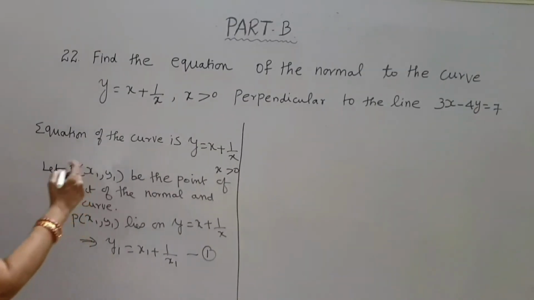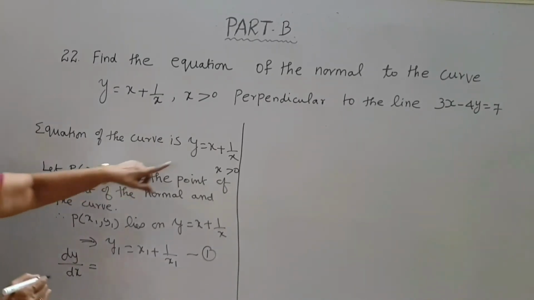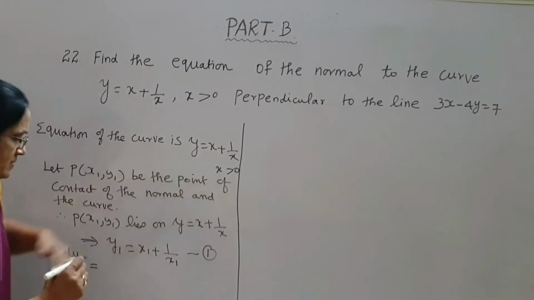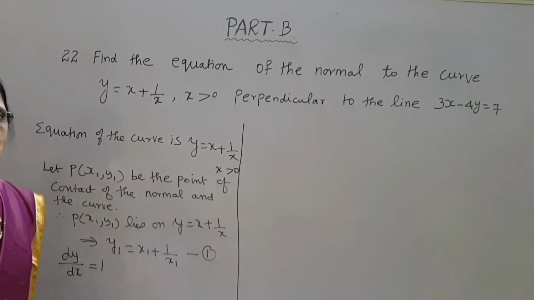Now let us find out what is dy by dx. Dy by dx is nothing but differential of x is 1. Then differential of 1 by x is minus 1 by x square.